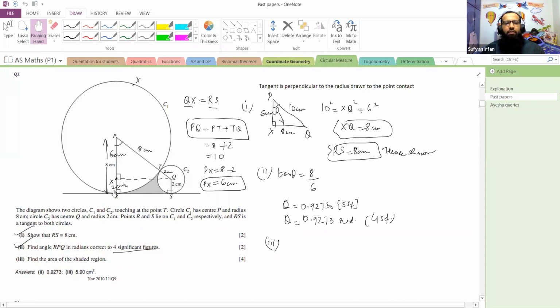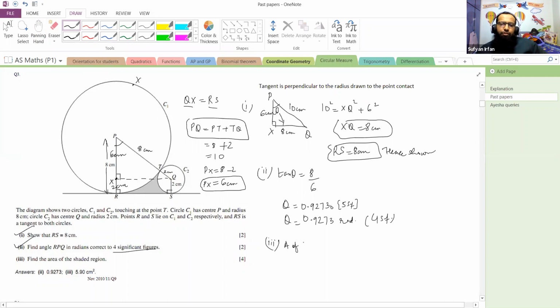But what is better for me is to find the area of the trapezium directly. And after you have found the area of the trapezium PQSR, then subtract the two sectors to find the area of the shaded region. So let's develop this approach.